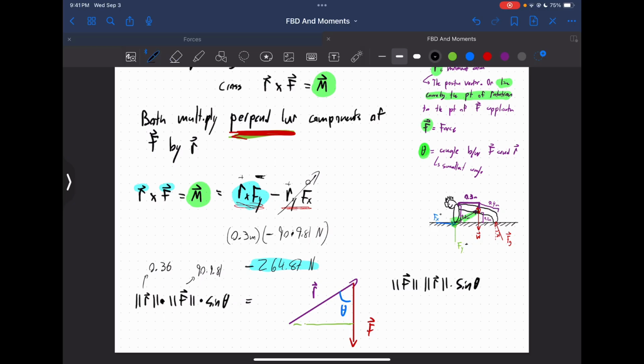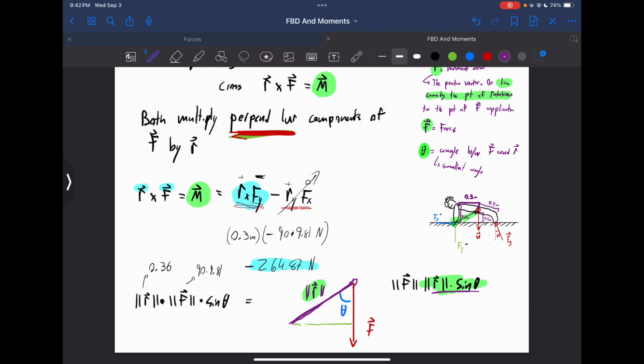In this case, we have a right triangle, and what does r sine theta, r magnitude, which is the length of this vector, times sine give us? We know SOHCAHTOA that the opposite equals hypotenuse times sine theta.